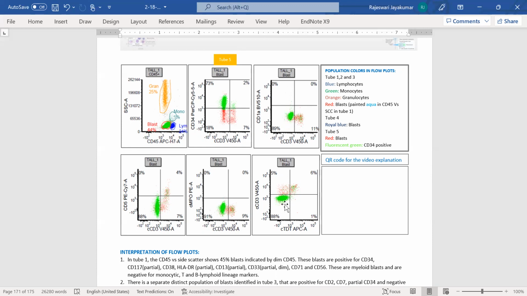So if MPO is positive and it expresses T cell markers in the same population of blasts, you can go ahead and call it T-myeloid leukemia. But here, because it is two different subsets, one distinctly expressing just the myeloid markers and the other expressing only the T cell markers, we don't need the MPO positivity, and we can call it MPAL even without that.